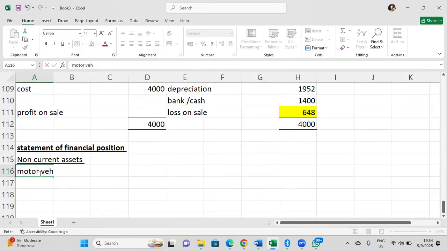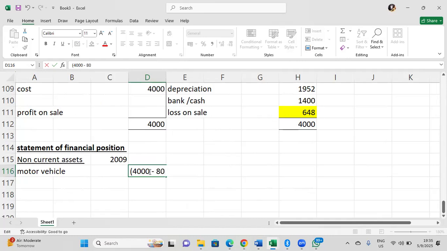In this case, we just want to show an extract. Don't go into the effect on the whole balance sheet. So my non-current assets, first year, 2009. In the first year, 2009, we bought the asset at 4,000.